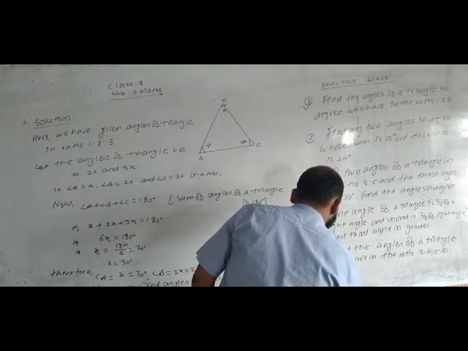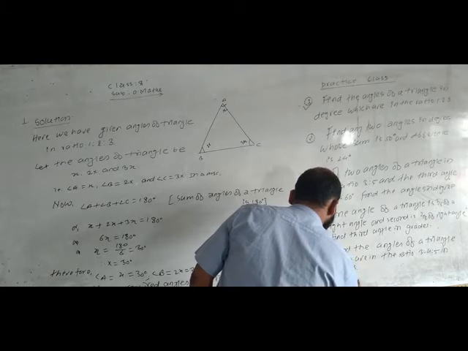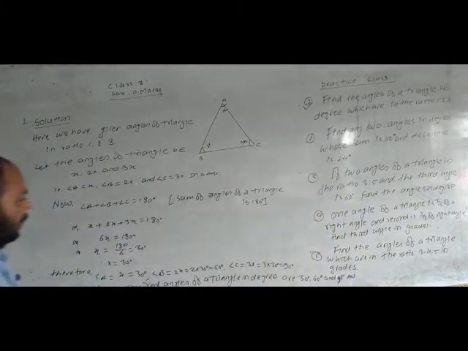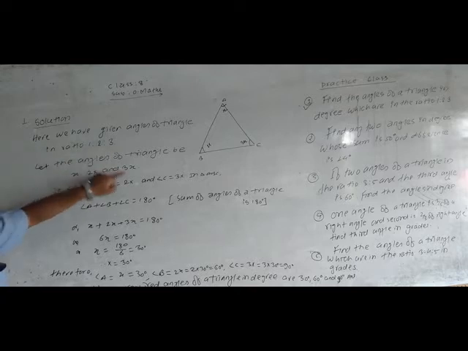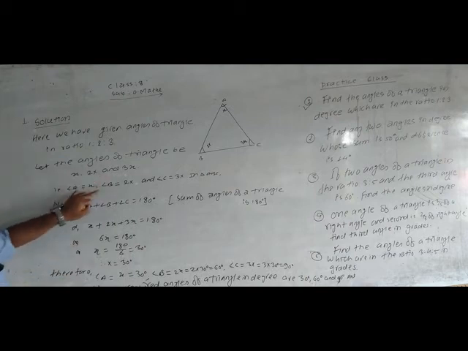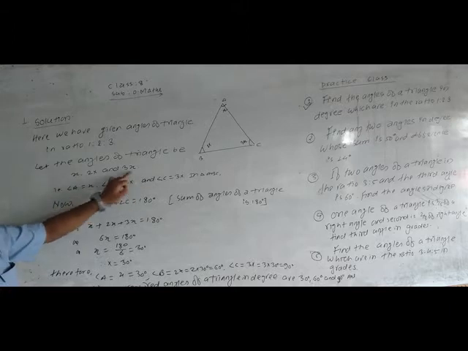Now look here. First, you should let the angles be x, 2x and 3x according to the ratio. In triangle ABC, let angle A represent x, B represent 2x, and C represent 3x.